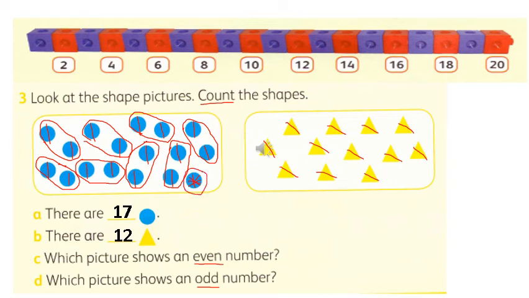So the blue circles are an odd number. So the picture which shows an odd number is the one with the blue circles.